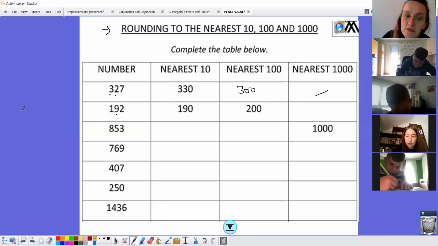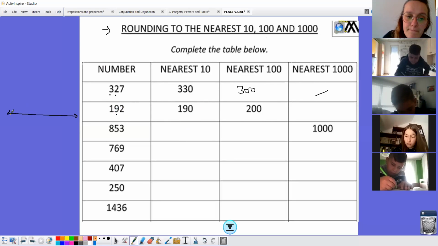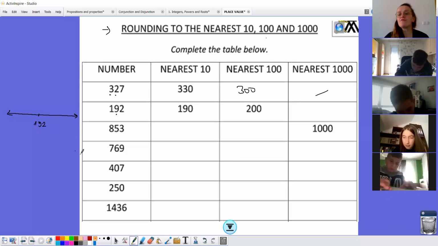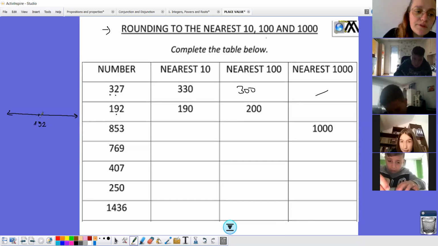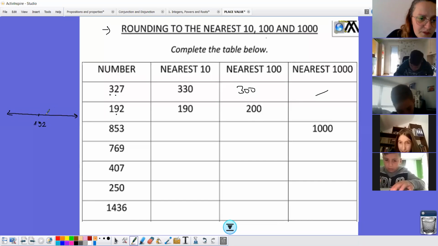But now I will draw on a number line. I have the number 192. If I am rounding this one to the nearest 10, it is between 190 and 200.